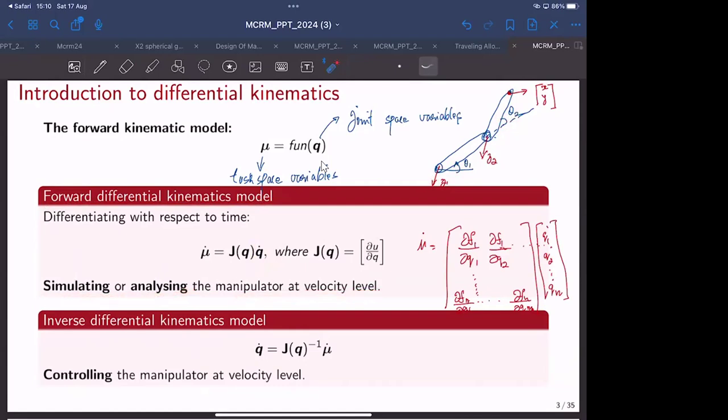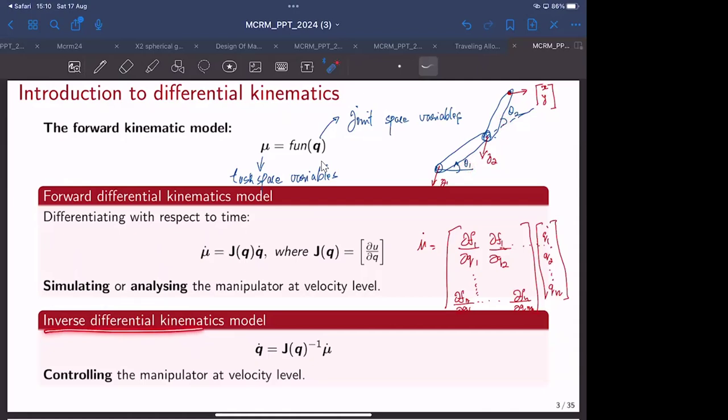And the inverse problem: if you require your end effector to achieve some velocities, x dot and y dot, what should be the inputs that you should be giving to the motors, theta 1 dot and theta 2 dot?